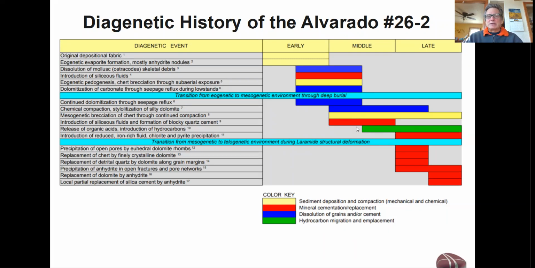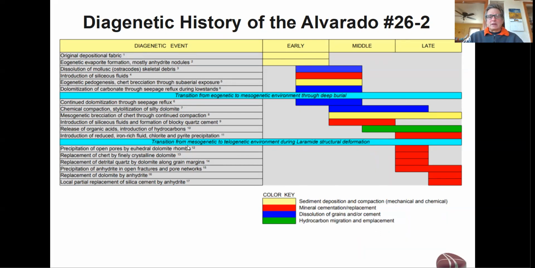And so in summary, what you can see is that early in the history of these rocks in the eastern part of the Phosphoria Basin, there were a number of pore producing diagenetic events, mostly through dissolution. But then following the introduction of hydrocarbons, there are a number of events that have ultimately destroyed or reduced that porosity.